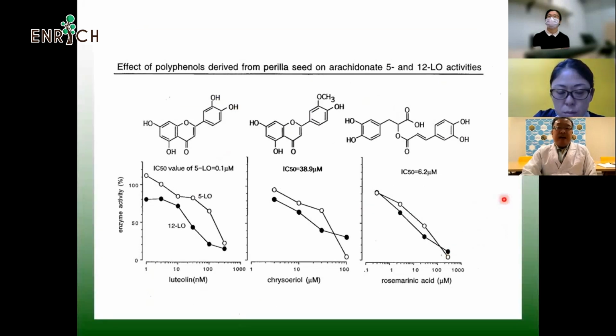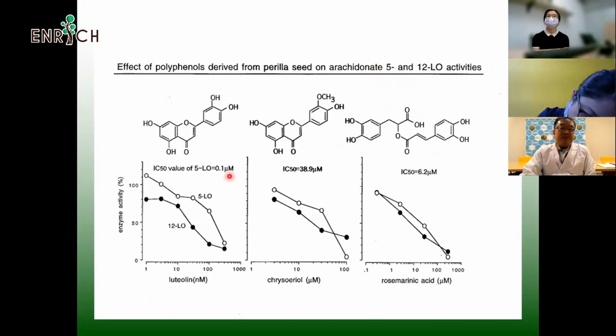Then we examined the effect of perilla seed compounds against leukotriene synthesis. As you can see, these compounds dose-dependently suppressed enzyme activities, including 5 and 12 lipoxygenase.